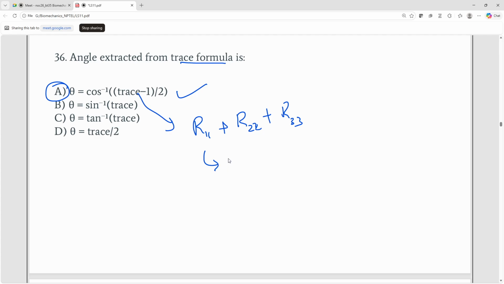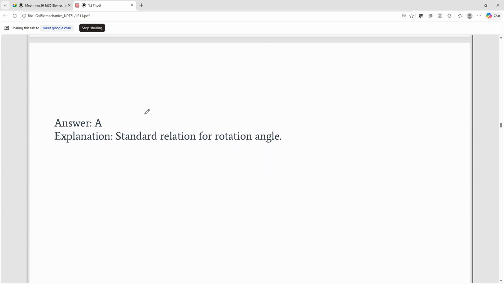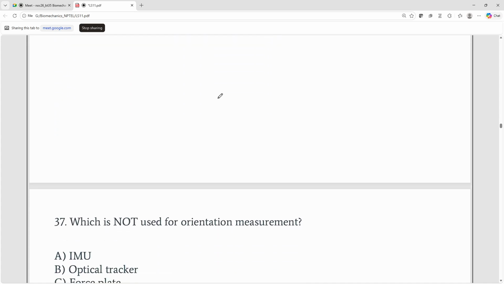That is the sum of the diagonal elements, it gives you the trace. The correct answer is option A, theta is equal to cos inverse of trace minus 1 by 2.